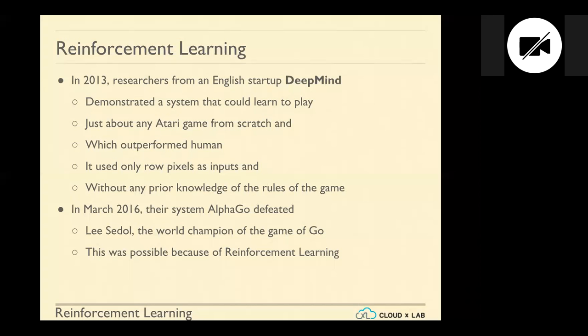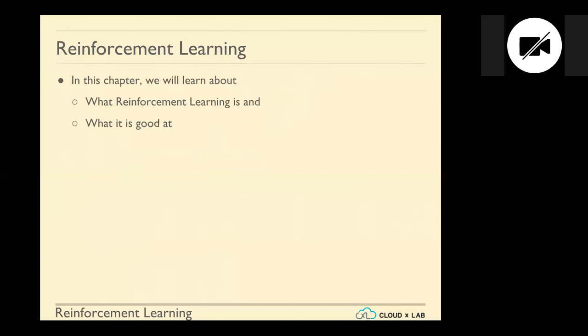In March 2016, Google's system AlphaGo defeated the world champion of a game called Go. This was impossible earlier, but with reinforcement learning, which is essentially a neural network with minor tweaks, we were able to achieve this.